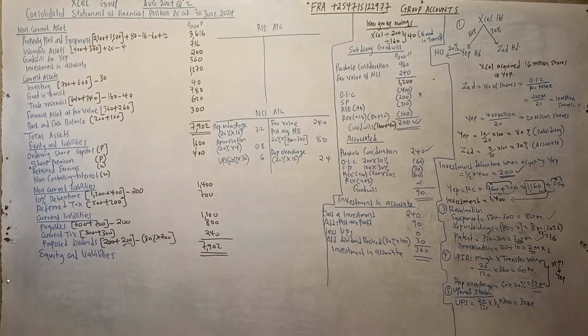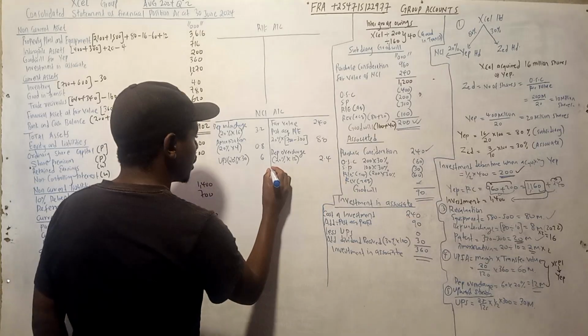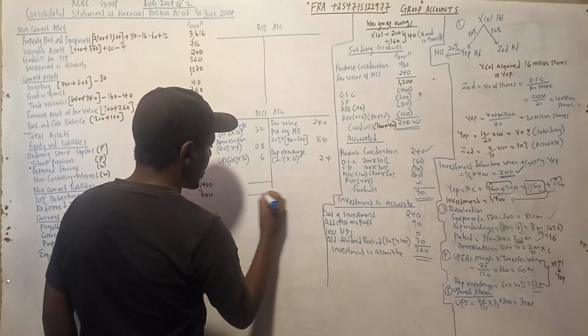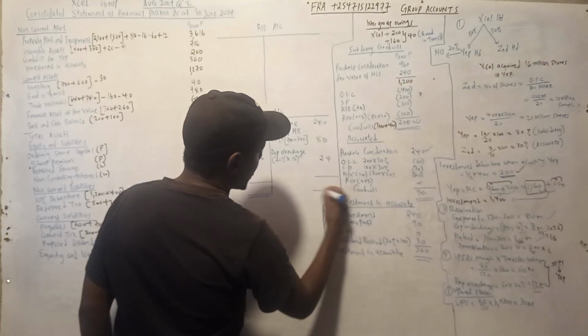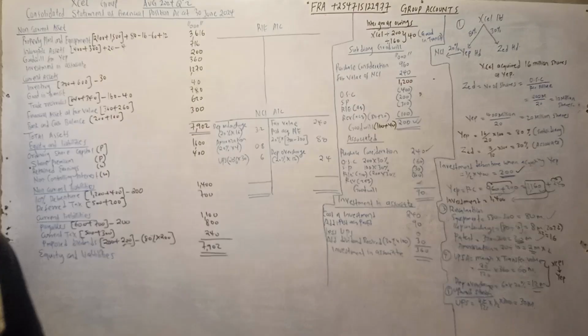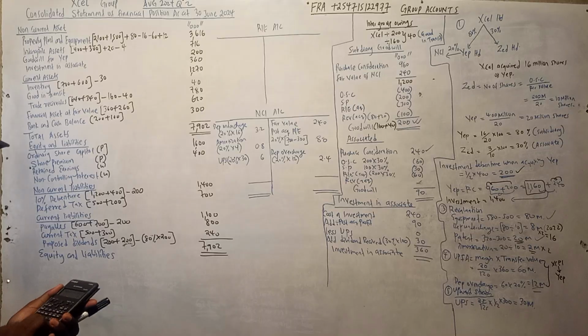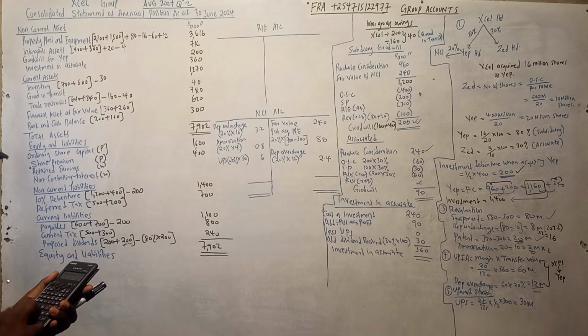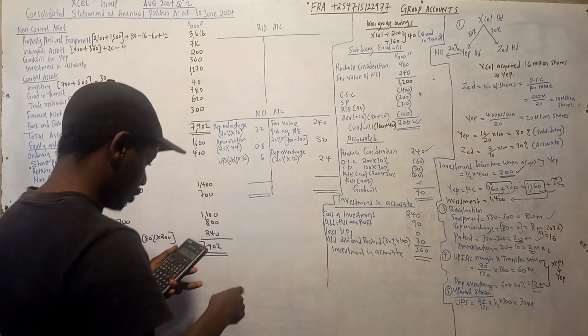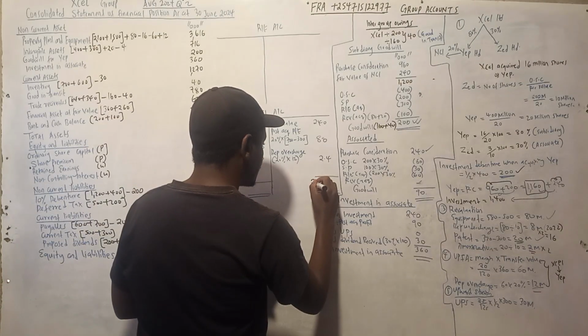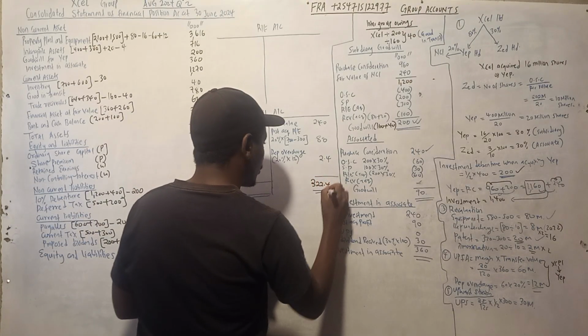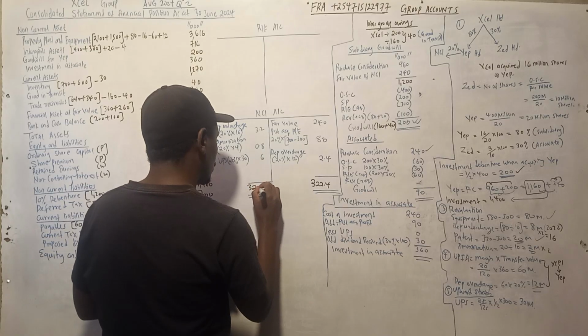There was no other account affecting this account, so we can balance. So 240 plus 80 plus 2.4, that is 322.4.